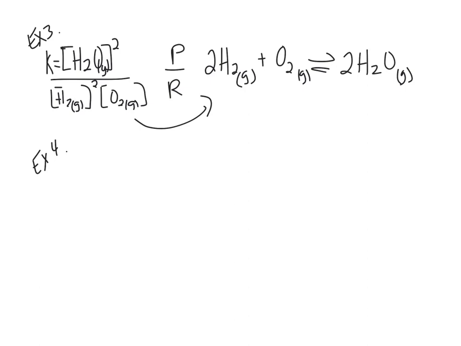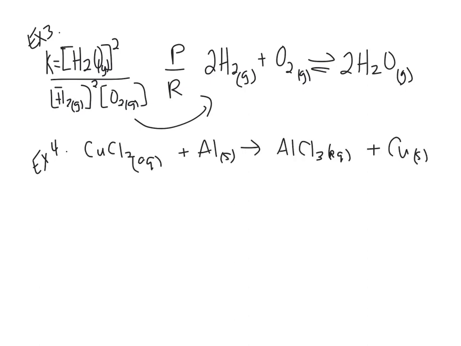Now, if you look at this example, the task is to take this reaction and put it into a K expression. So first of all, you should notice that it's a single arrow reaction.